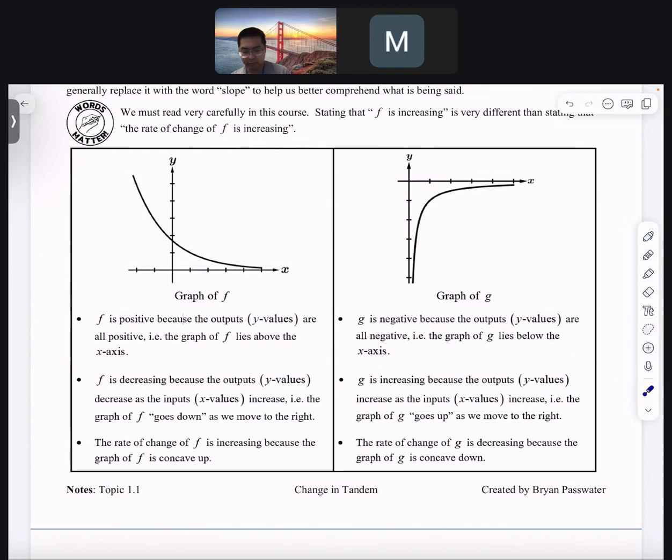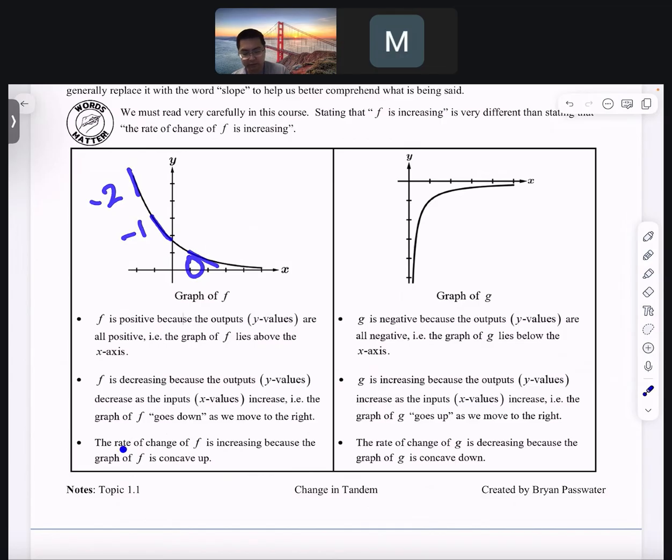Now, when we look at its rate of change, notice that the slopes are progressively getting bigger.